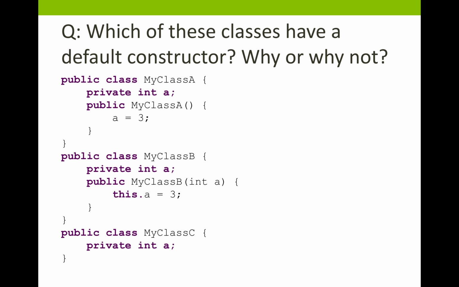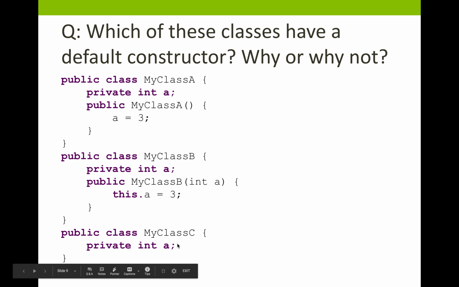Which of these classes here has a default constructor? Why or why not? Okay, mostly a trick question. All right, Class A here has a constructor. Class B has a constructor.